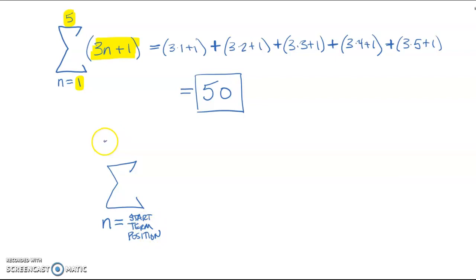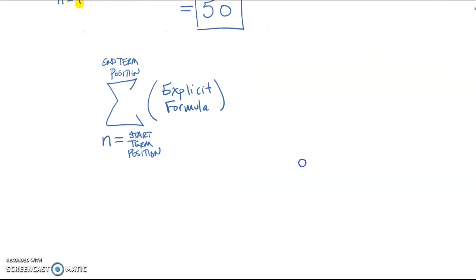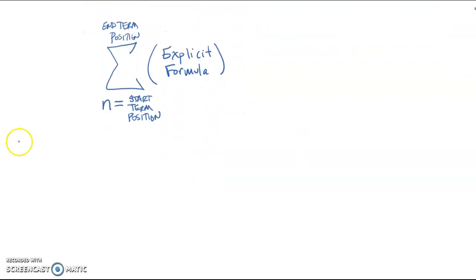And then on top, you will put the end term position. And then to the side, the key thing is that it has to be an explicit formula. You might be tempted to think about using recursive, but it has to be an explicit formula.